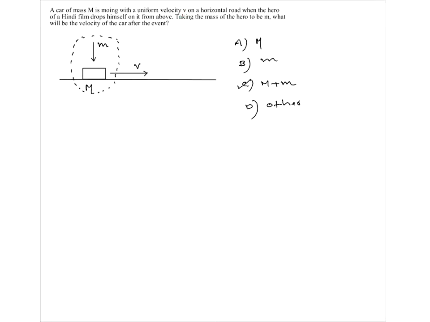And therefore, in that direction, we can apply conservation of linear momentum for the system, for that direction. M into V for the car, and for the man, M into 0. This man is falling vertically. He doesn't have any horizontal velocity.